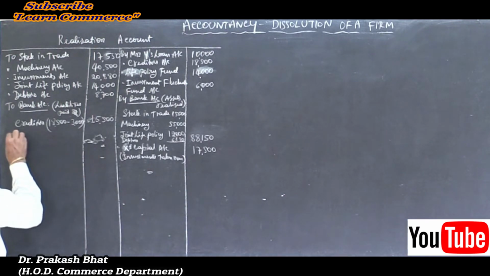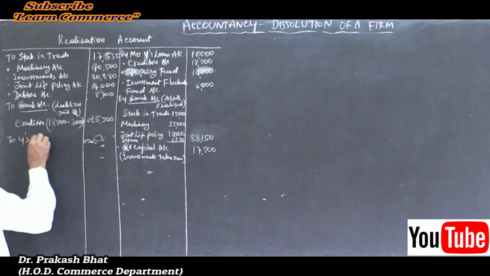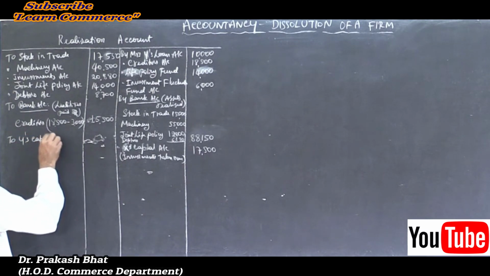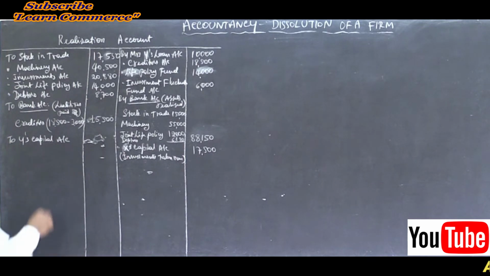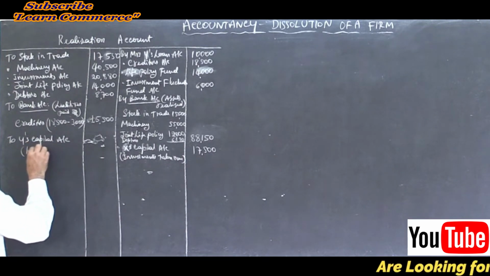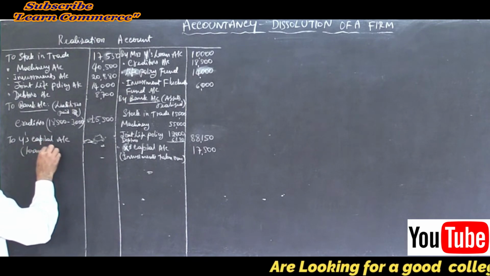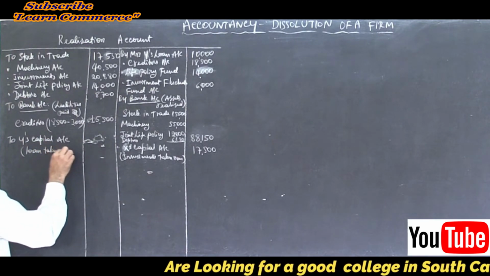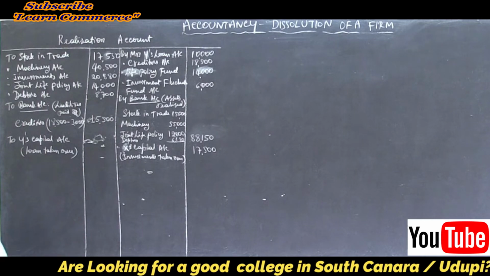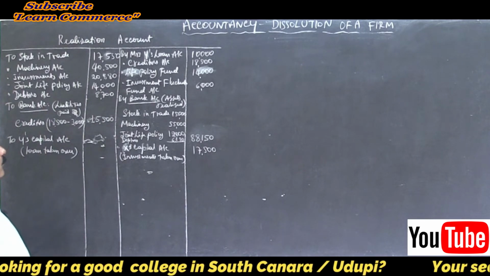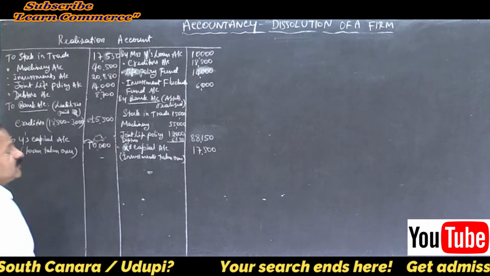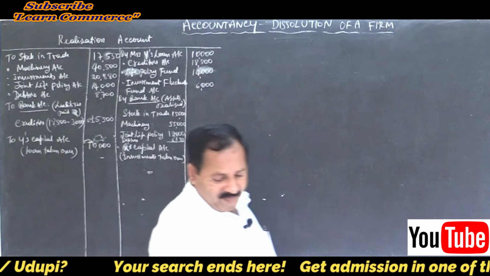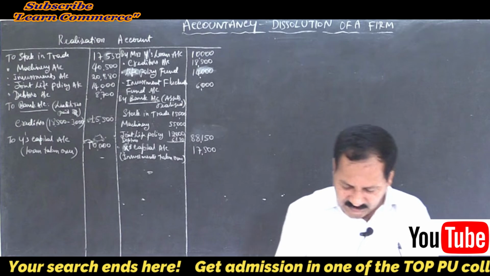So to Y's capital account, that is loan taken over. How much was it? Amount is not given, means par value, 10,000, right? Yes.